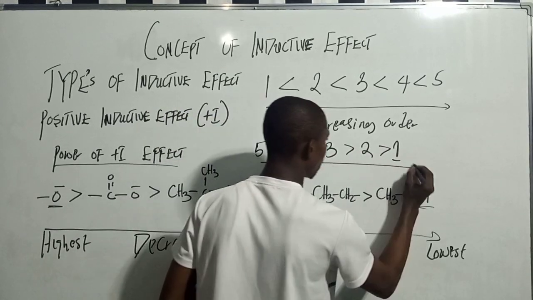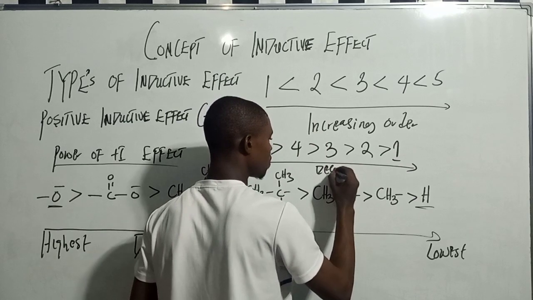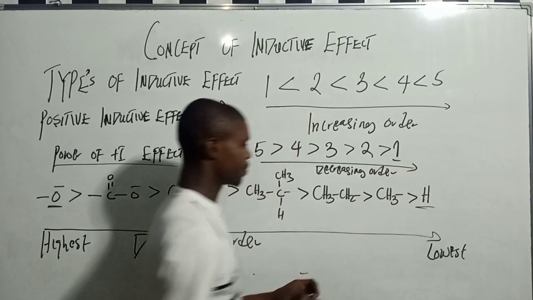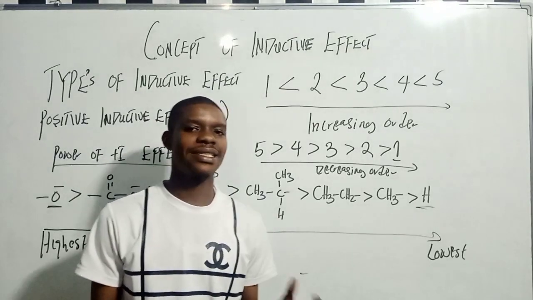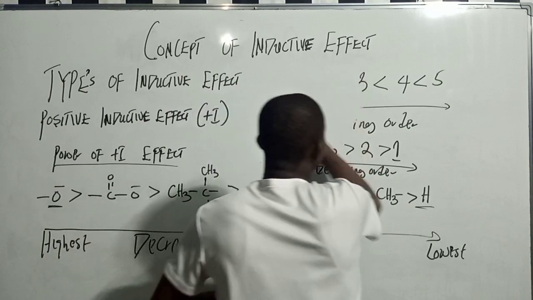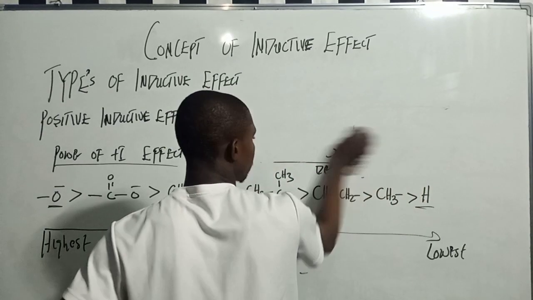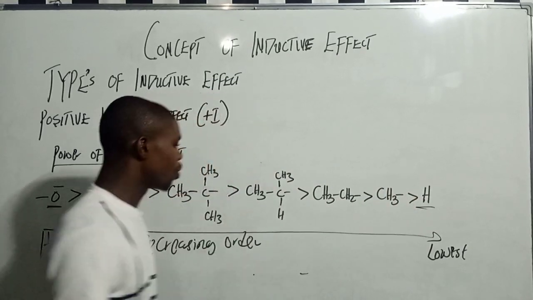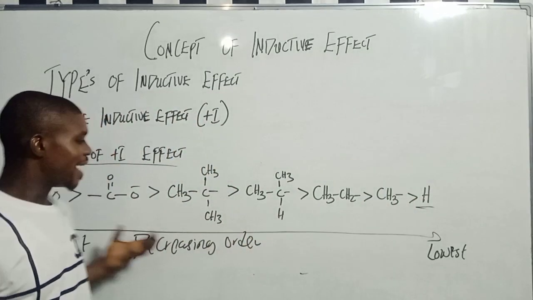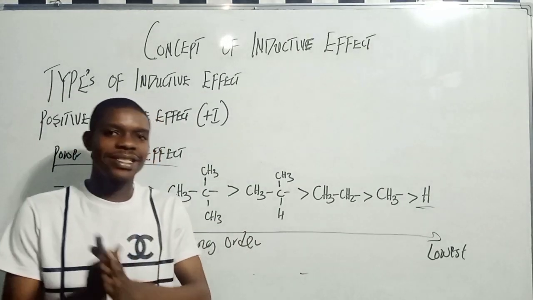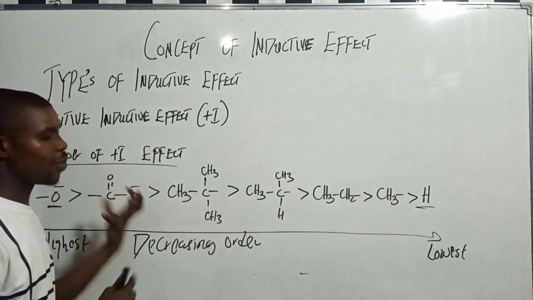From here to here, it's called decreasing order. So you can see how easy it is. You need to understand this because any of this can be given to you in the exam: arrange them in increasing or decreasing order of plus I effect.